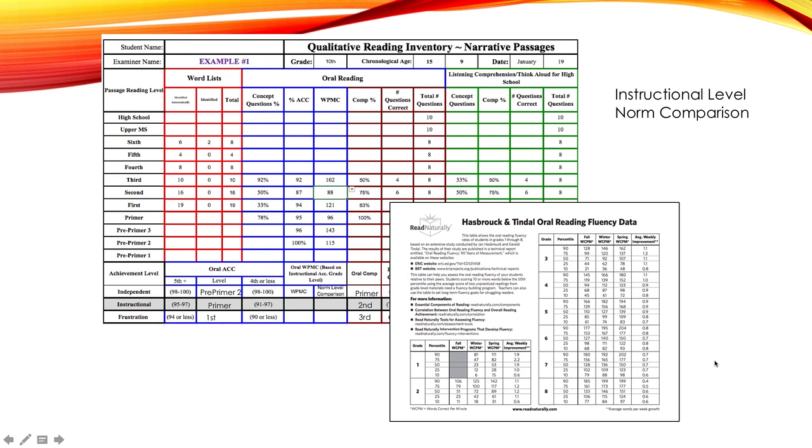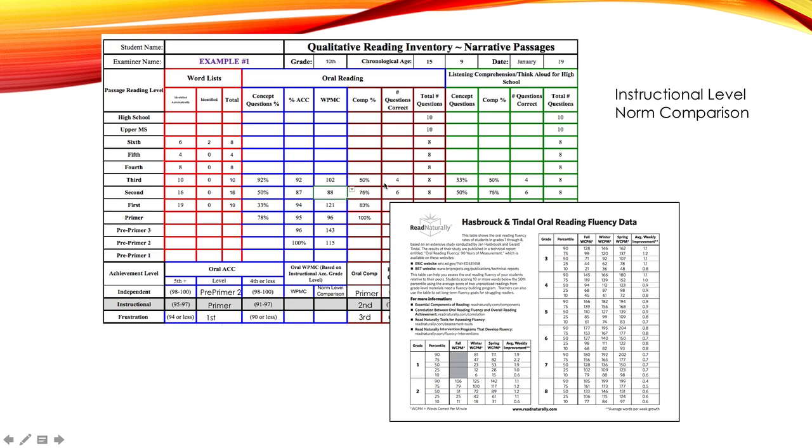So let's take a look at the first way, which is kind of a non-standard way, but I think a useful way of looking at the fluency. Here we've got the completed chart cover sheet, and you'll notice right here we have all of our oral reading accuracy data and our words per minute correct.